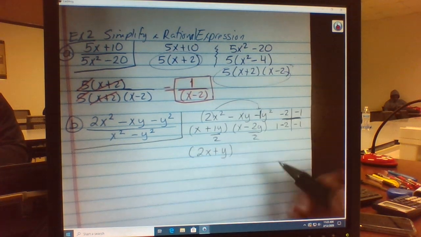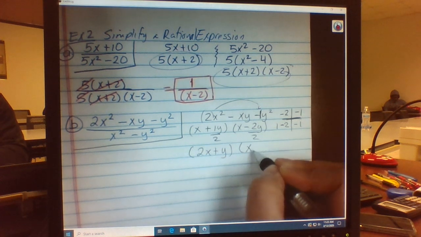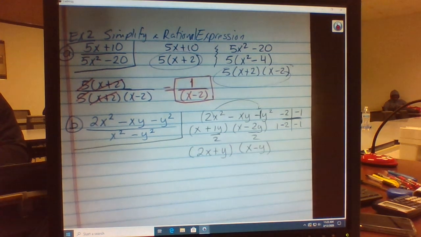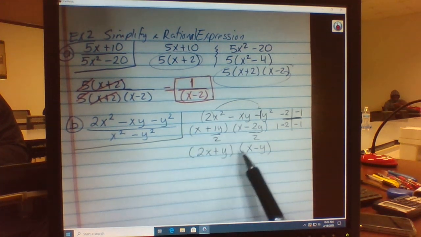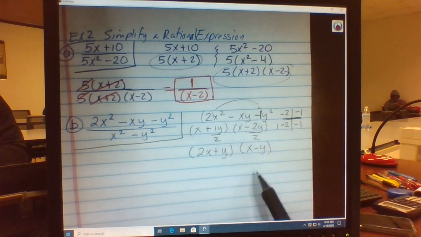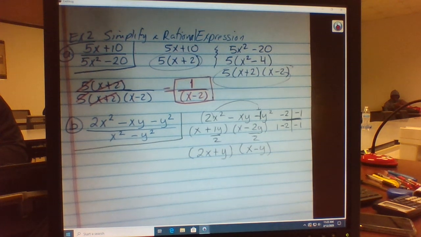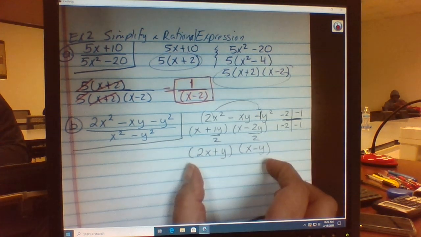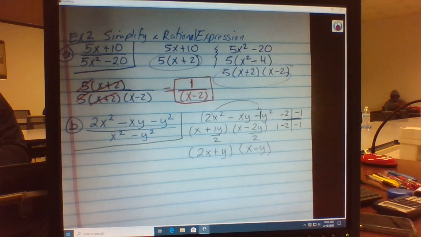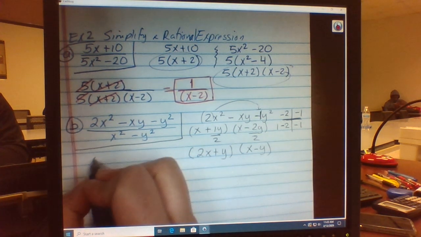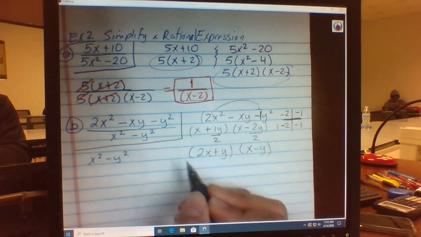Can 2 be divided by 2? So it just becomes x minus y. Once again, it's a little bit different because they added the y and the y squared, but it's the same process. You multiply, you find factors, and then you divide. Now, this is just which part? The top. So I still need to figure out the bottom part. So my bottom is x squared minus y squared.